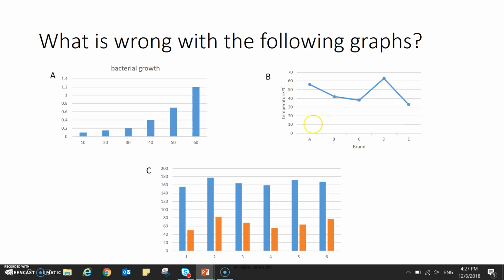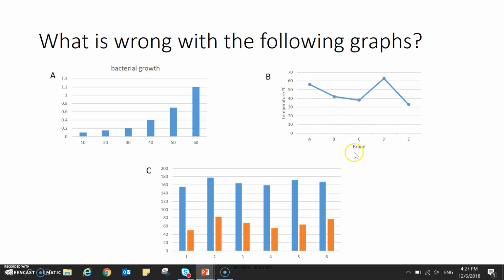The second example shown here is supposed to show you different brands of cooking oil and the smoking temperature. Now, a line graph is not appropriate in this case. Instead, a bar graph should be used. Line graphs typically depict changes in trends, but in this case, you are not looking at various time points.